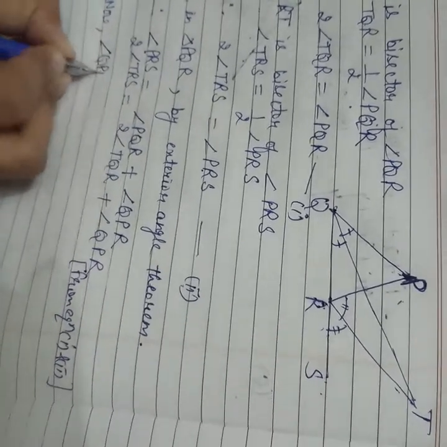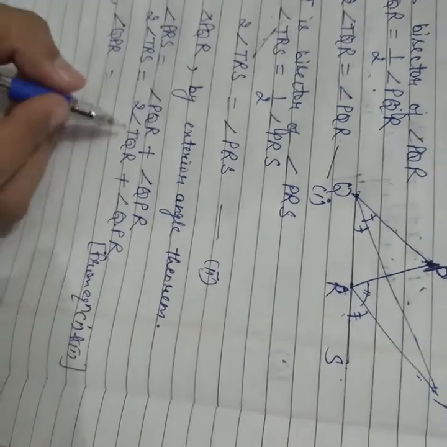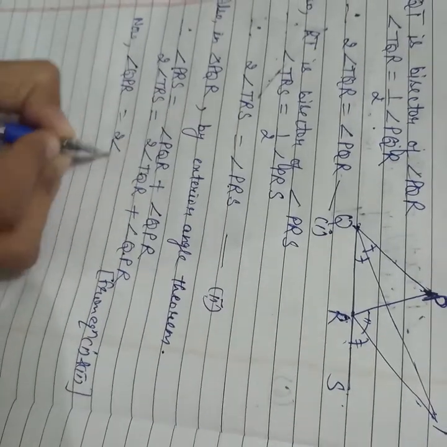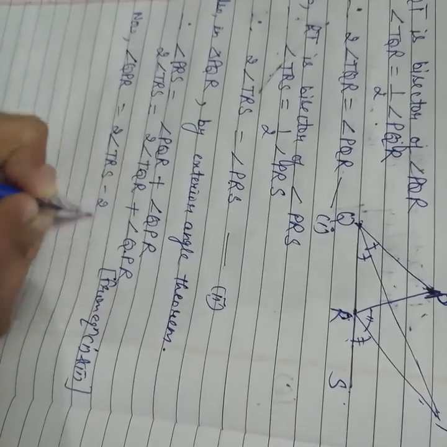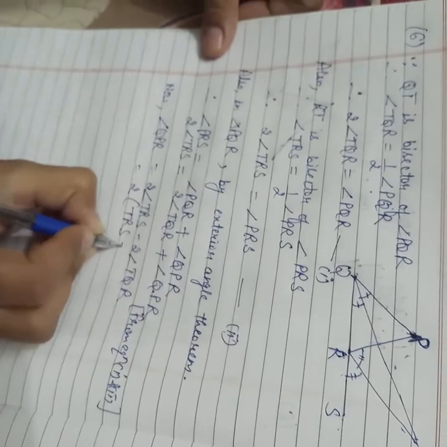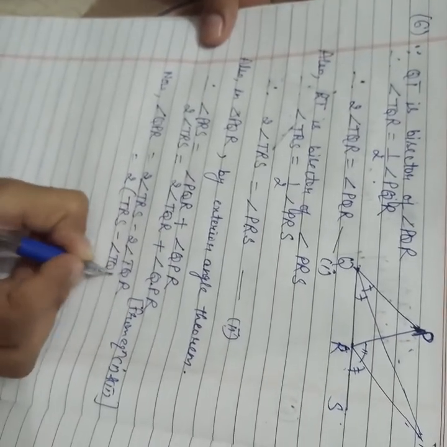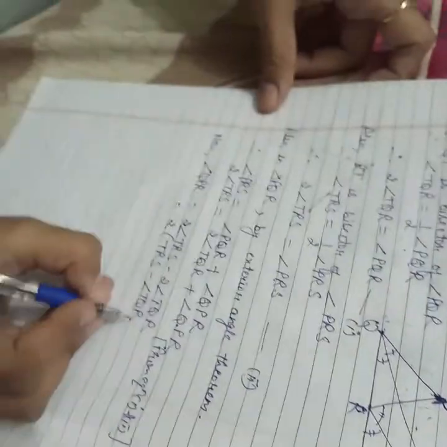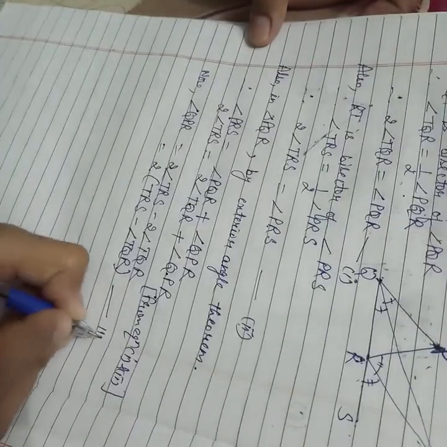Now QPR equals 2 times TRS minus 2 times TQR. Now 2 is common, so it equals 2 times (TRS minus TQR). This is equation third.